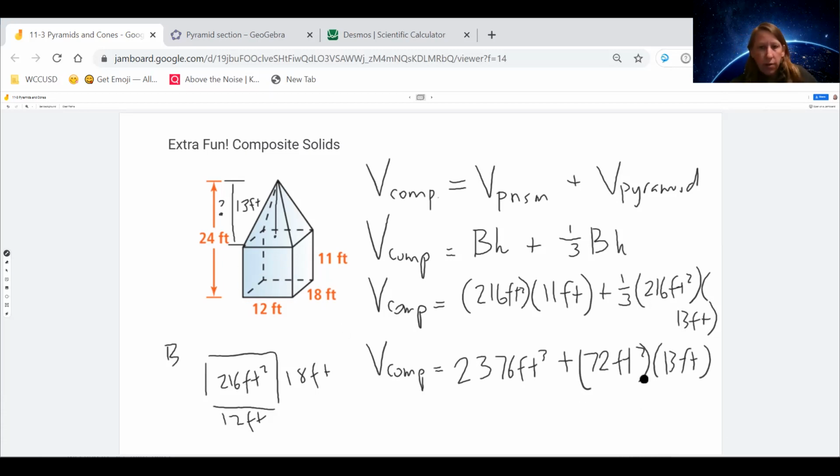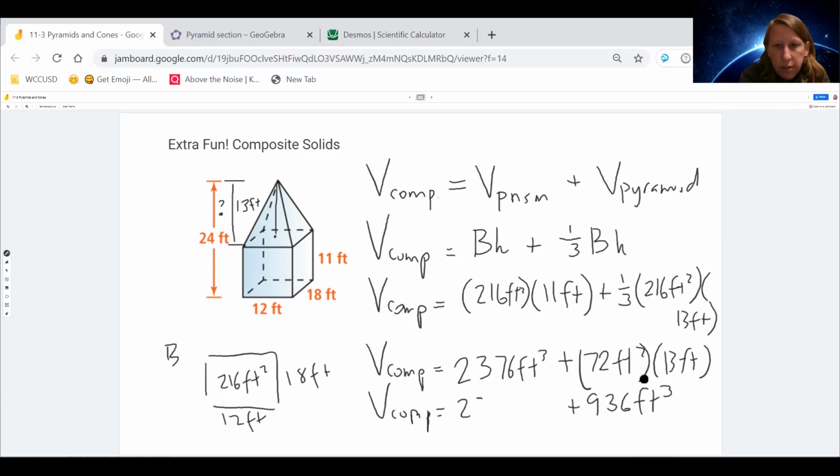And then another 72 times 13. Another 936 cubes fit in the top.